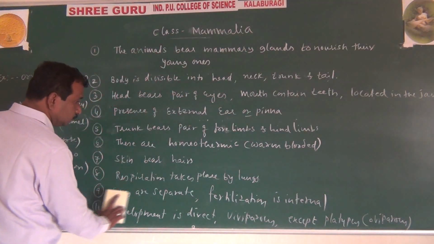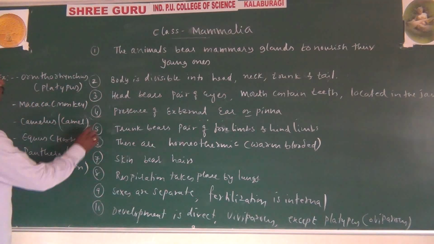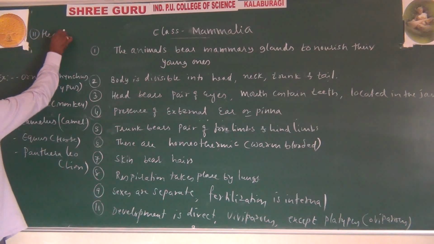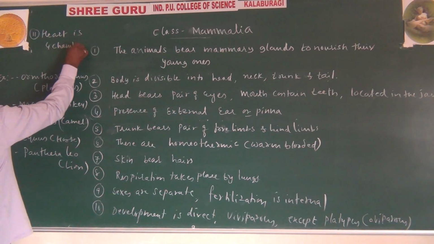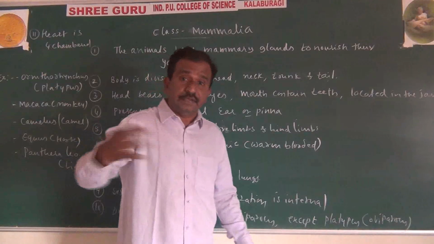Skin, fertilization is internal, development. So the 11th character I am writing here: heart is four-chambered. Even in the case of birds they have that. You know, the number of characters is increasing.